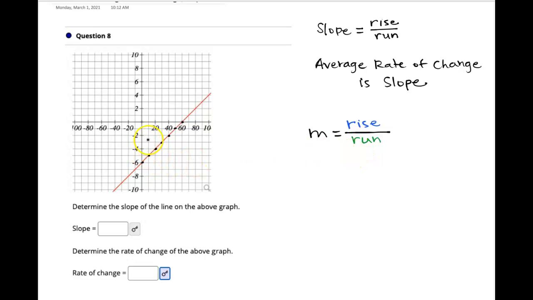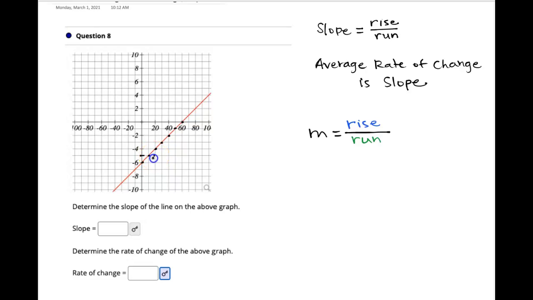But you've got to notice on this first one that the x-axis is moving in increments of 20, whereas on the y-axis they're moving by 2s, or at least that's how it's labeled. We can see that halfway between -6 and -4 would be -5.